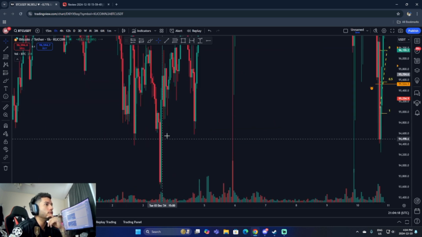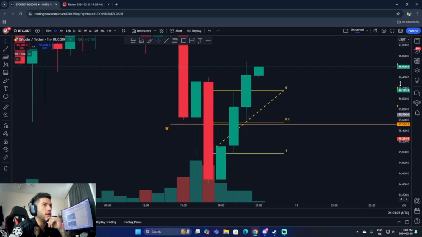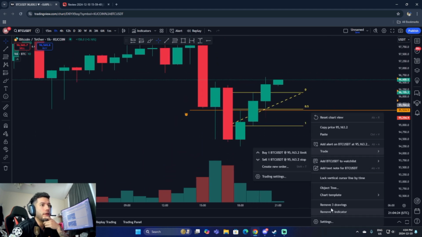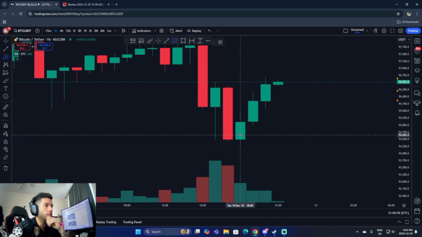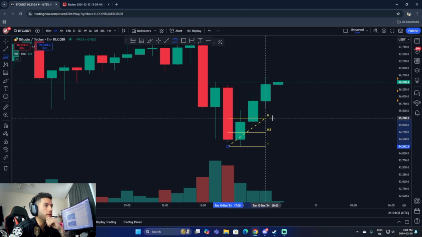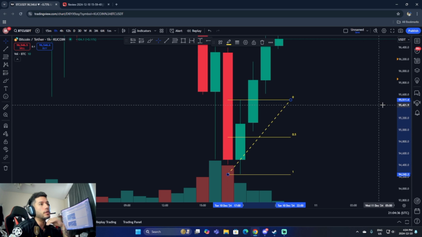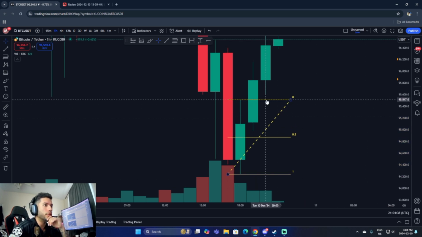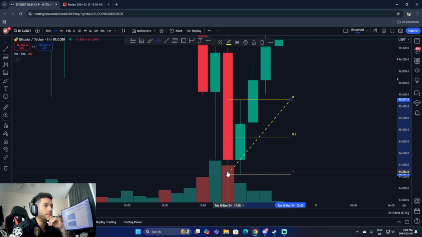The first one I took today was a little harder to get because it was on this candle. We didn't have this one yet. And I'll explain how we got into that. So this was before this candle formed. So after this candle here, this one, closed green, I was like, okay, so maybe we're probably going to start flipping or start putting in a low here or the bottom, right?